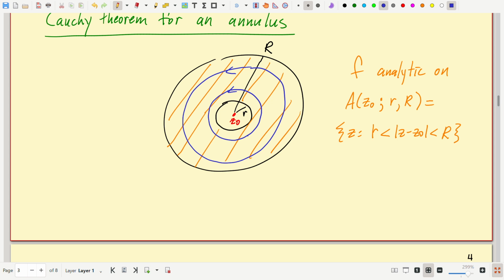So the inner circle is going to have radius, let's call it rho 1, and the outer circle is going to have radius rho 2. It's getting kind of busy.